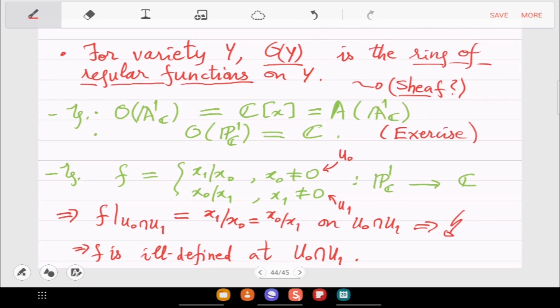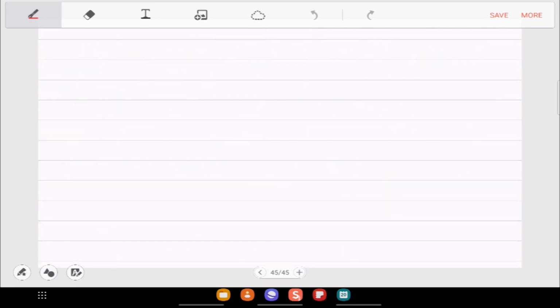Like in the general theory, we will be interested in functions which are not defined everywhere. They are defined only locally. So in one open neighborhood the function is defined, somewhere else it is not defined. So we also want to look at the set of locally defined functions, and that needs another definition.